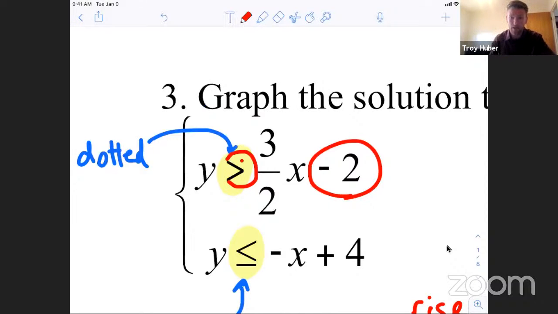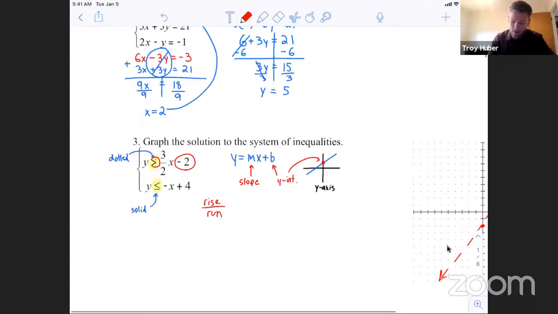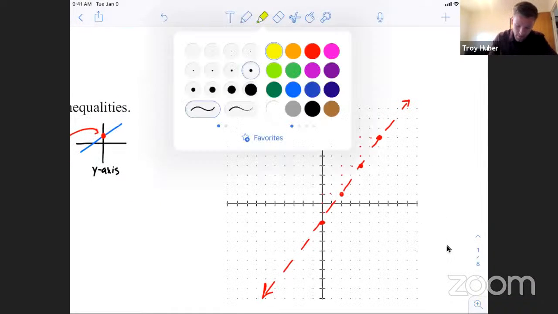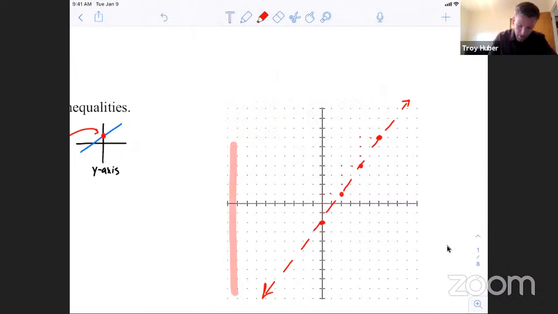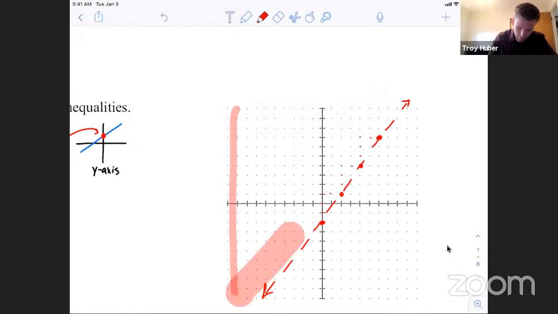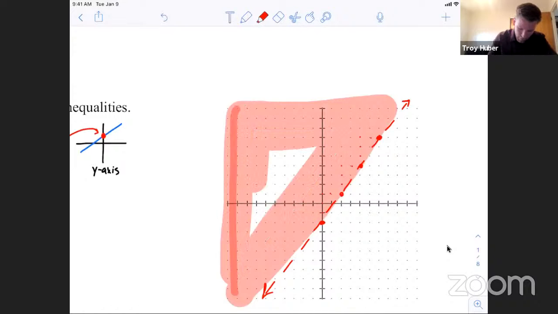If y is greater, we shade above. So I'm going to go ahead and shade this, kind of like using the highlighter. Let's even make it a big highlighter. Okay, so I shaded above the graph there.